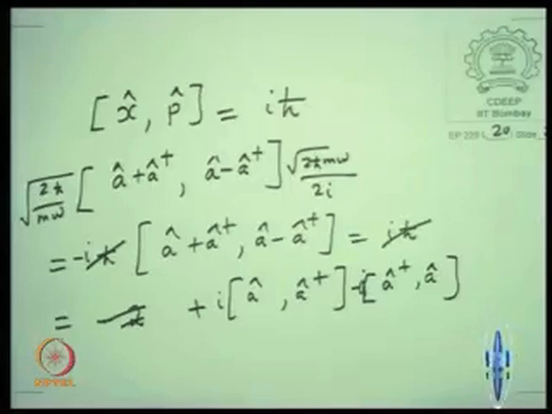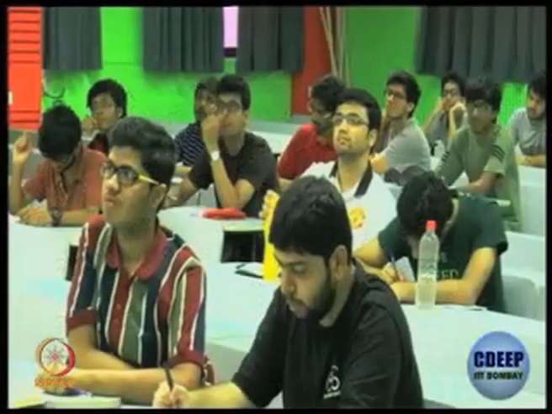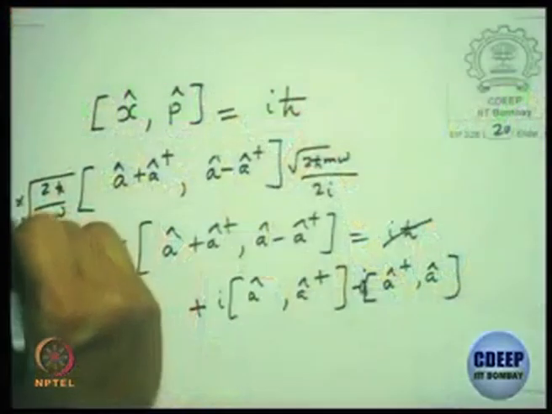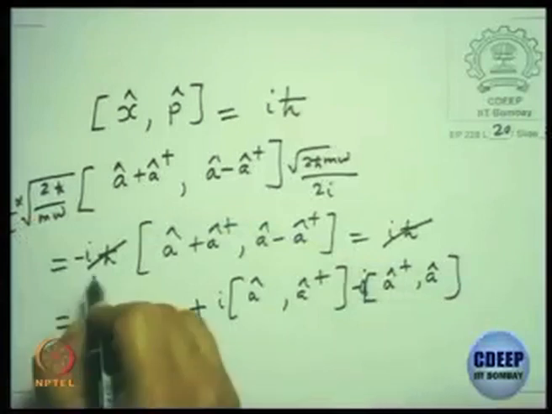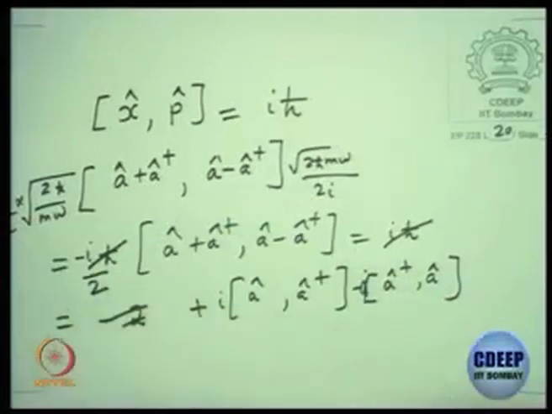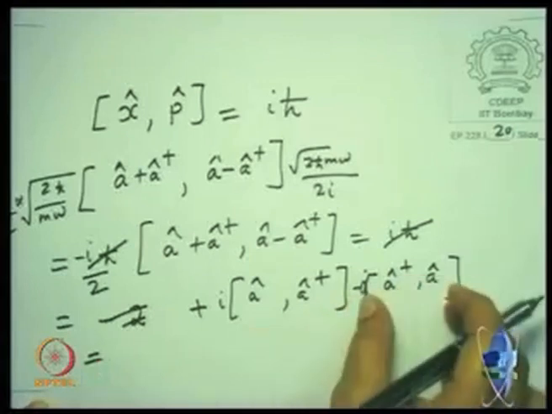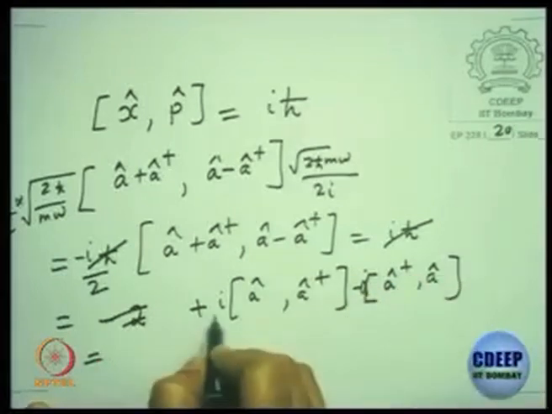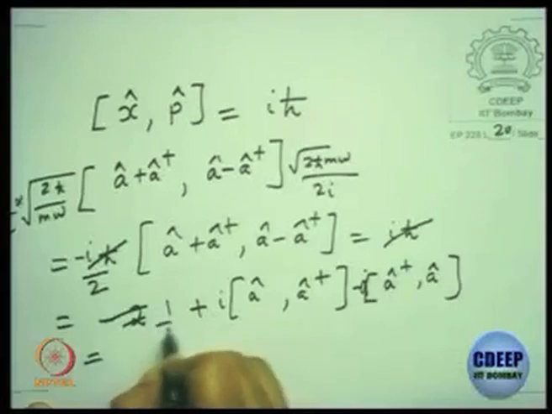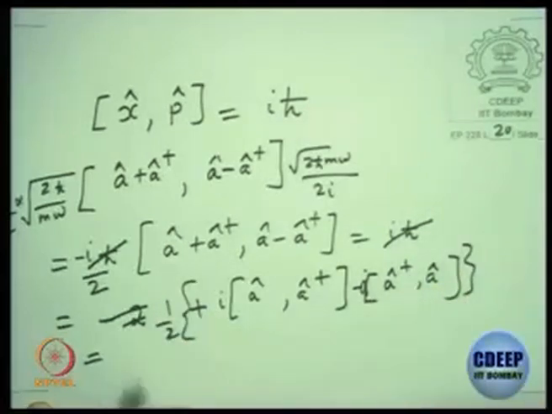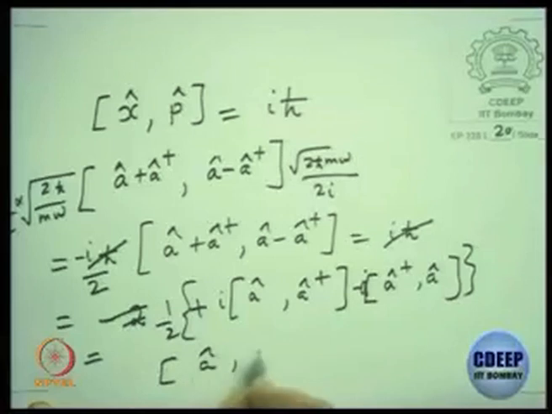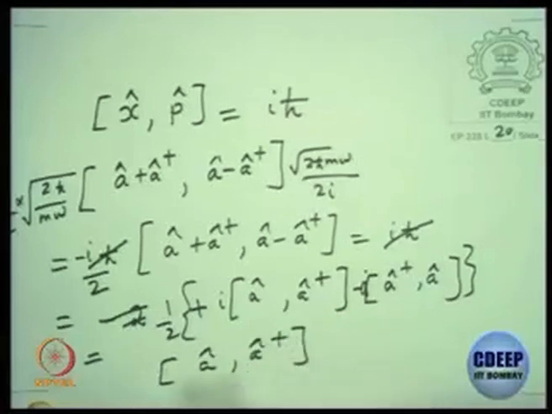Huh? There is an extra 2? Yes. Good. So there is another 2 from there. Thank you. So there will be a 1 by 2, and this turns out to be the same as this one with opposite sign. So that gives you A A dagger, the 2 cancels.